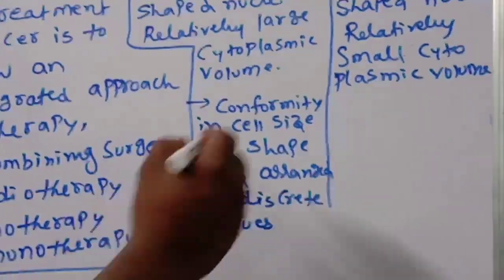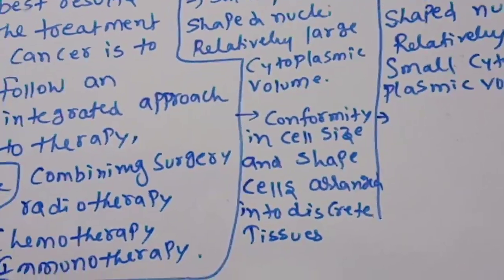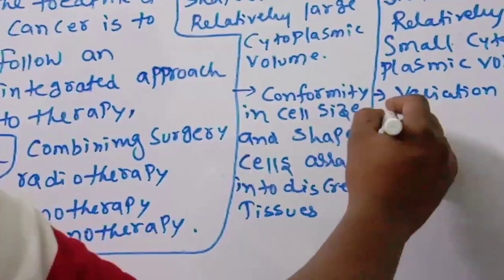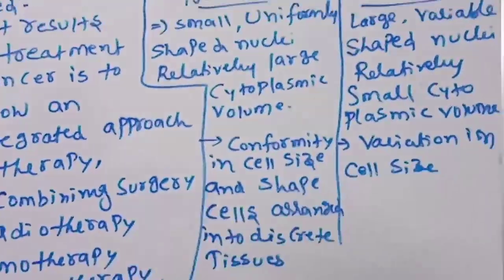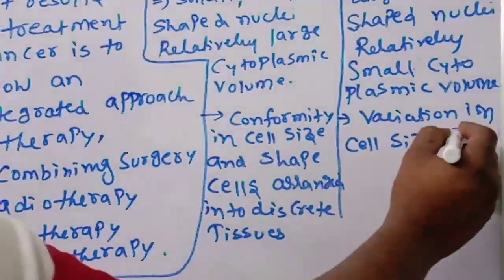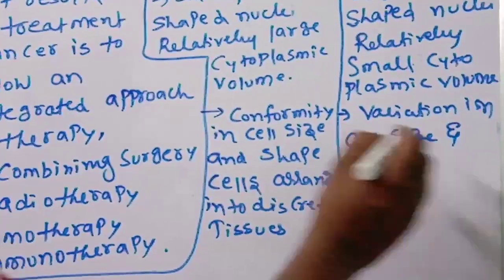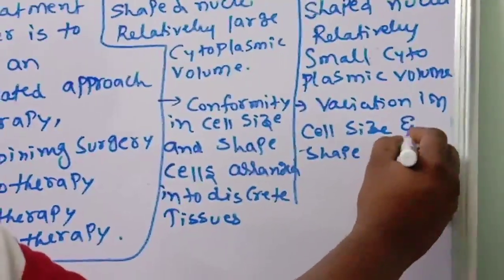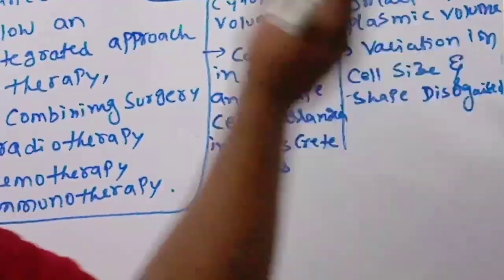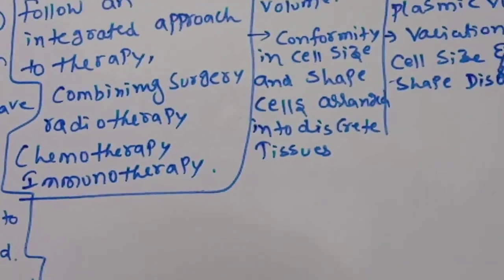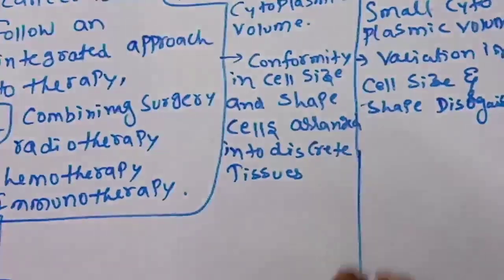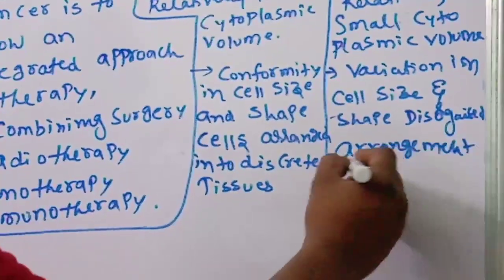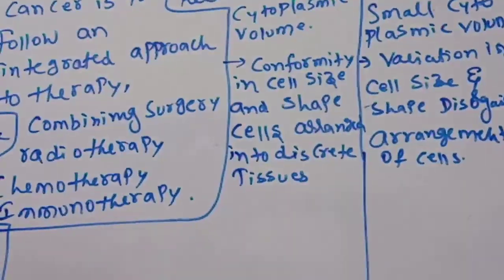Next, variation in cell size and shape, disorganized arrangement of cells. Okay, children, that is important.